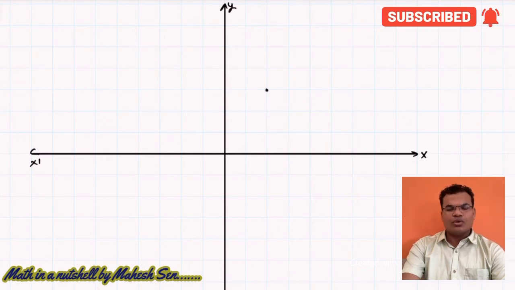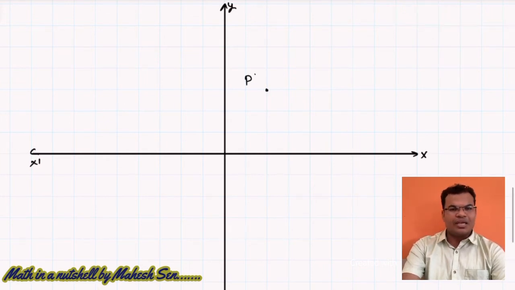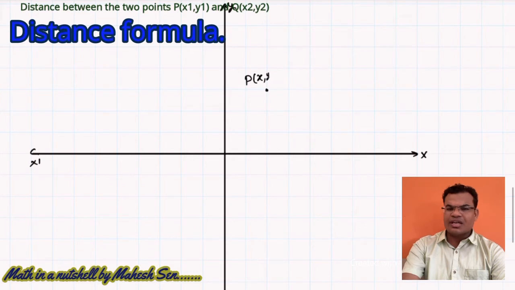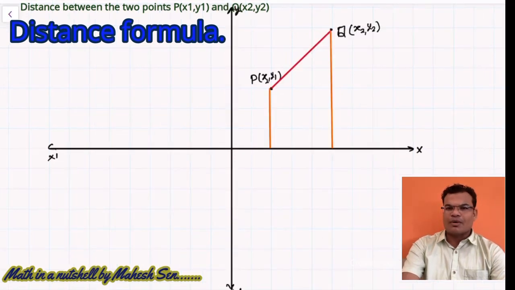Okay, so we can take a point P in the first quadrant, and we know the distance formula. Suppose the second point is Q, whose coordinates you can take as x2 comma y2, and the first one is x1 comma y1 for P. We'll draw the perpendicular on the x-axis and make this triangular figure, and this is our point R. So we can observe that PQR is a right angle triangle.